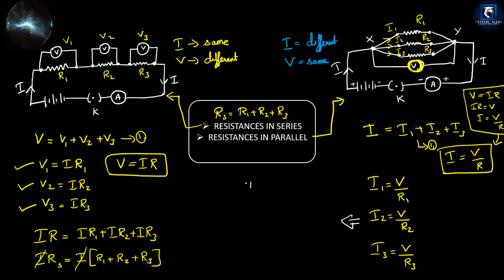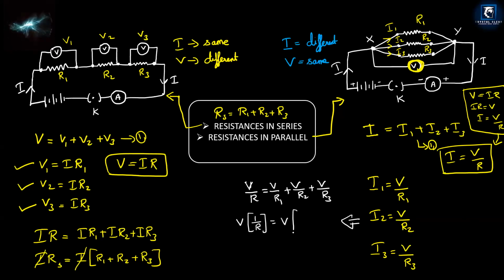So instead of I, I'm going to use V by R is equal to V by R1 plus V by R2 plus V by R3. So I can use it as V into 1 by R is equal to all the V, let me take it common, 1 by R1 plus 1 by R2 plus 1 by R3.